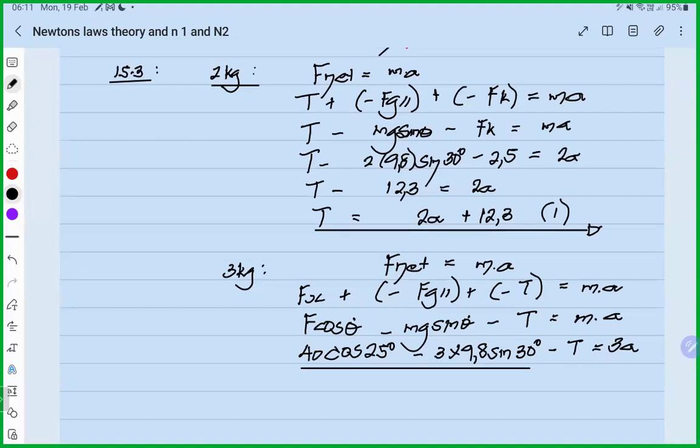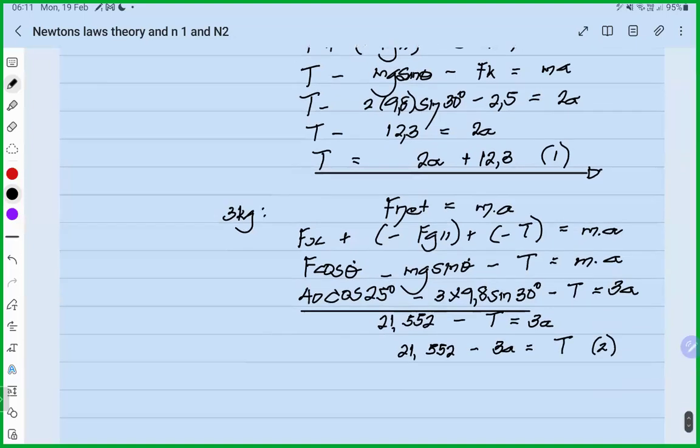Because I want to create a second equation now. 21.552 minus T equals 3a. Take the T across. 21.552 minus 3a equals T.